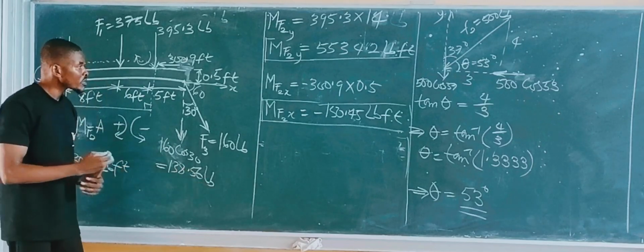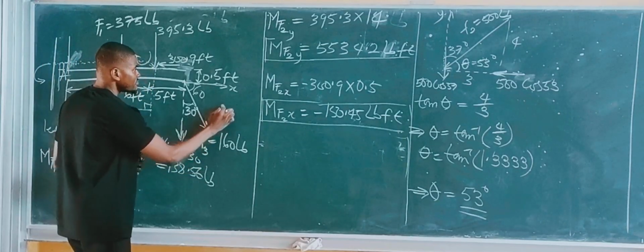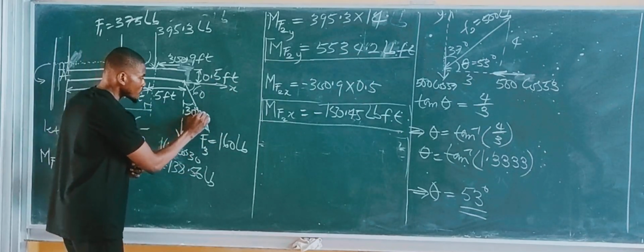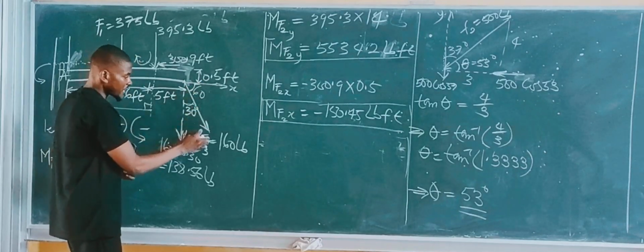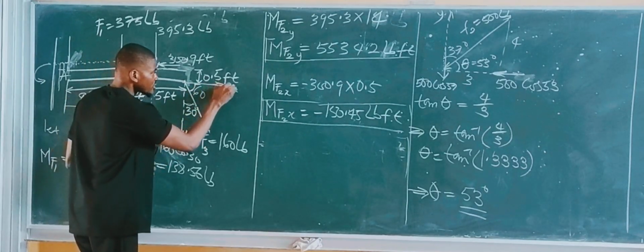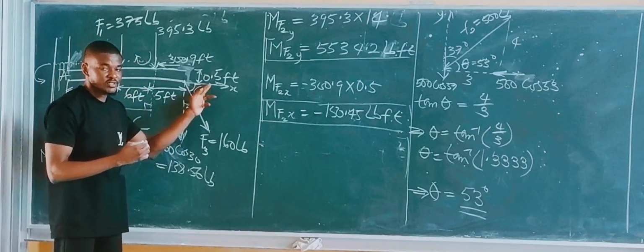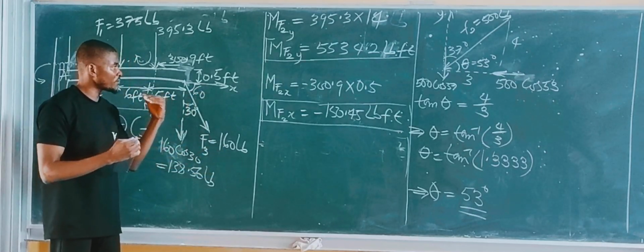The horizontal force also: hold the tip of the arrow and pull it till it meets this horizontal line. Now watch the angle it passes through. It moves from this point to this point, which means it covers this angle of 60 degrees, and the arrow points to the right. Since it passes through 60 degrees, multiply the force by cosine of the angle it passes through.